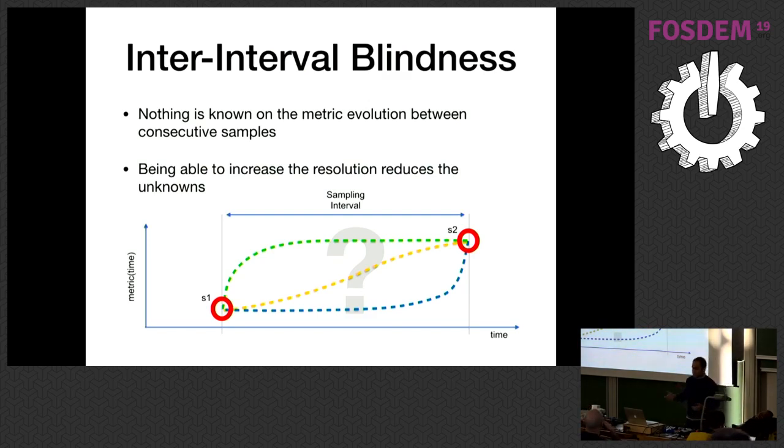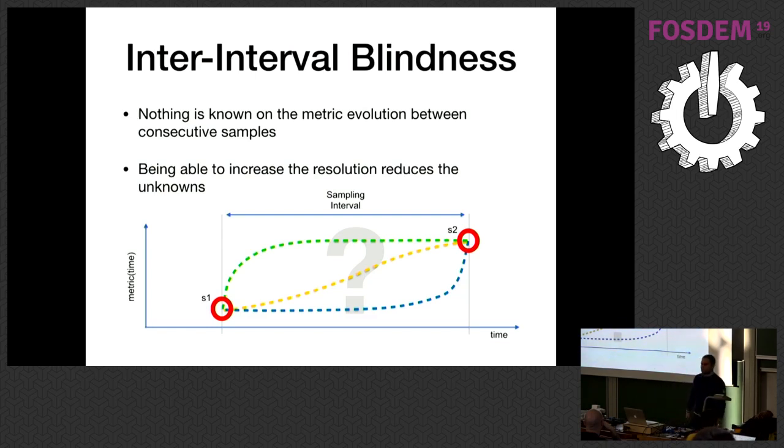Let's take this chart, for example. We have a metric and its evolution in time, and we have two samples, S1 and S2. Between S1 and S2, nothing is known. We don't have an idea of the behavior of the metric between S1 and S2. So it could have followed the green path, the yellow, or the blue path.